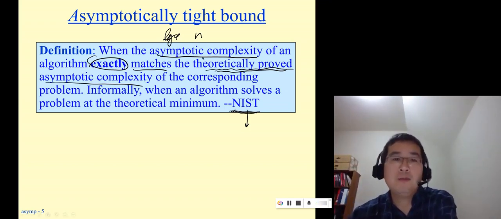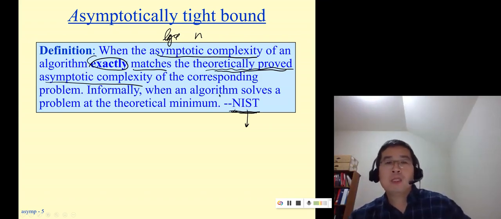So we can utilize this to represent its theoretical performance. Use a tight bound asymptotic complexity. Informally, when the algorithm solves the problem at the theoretical minimum.